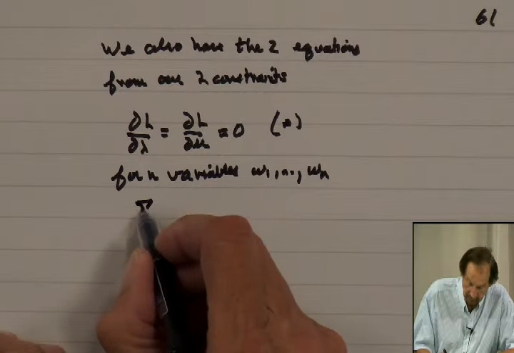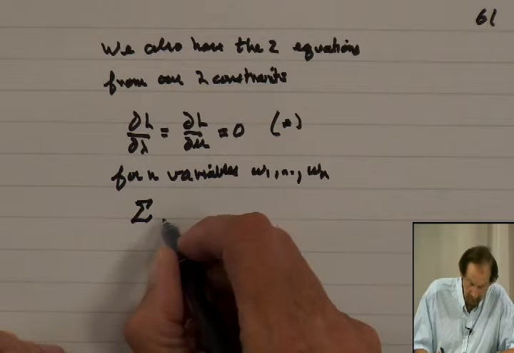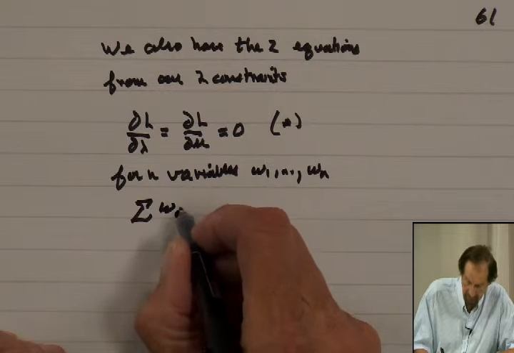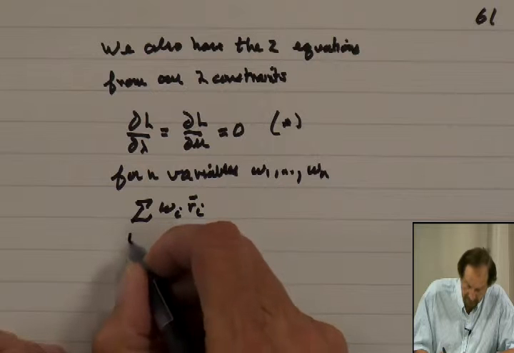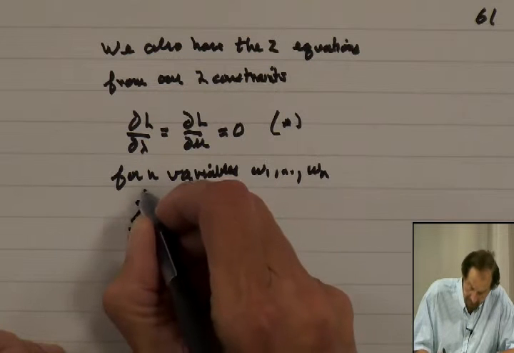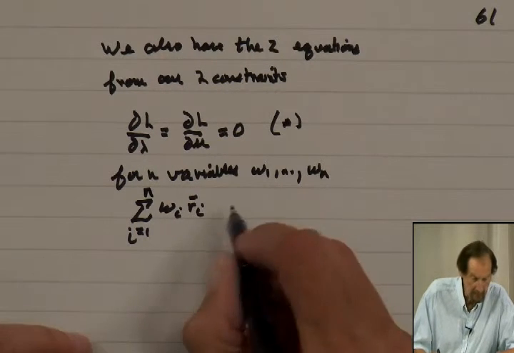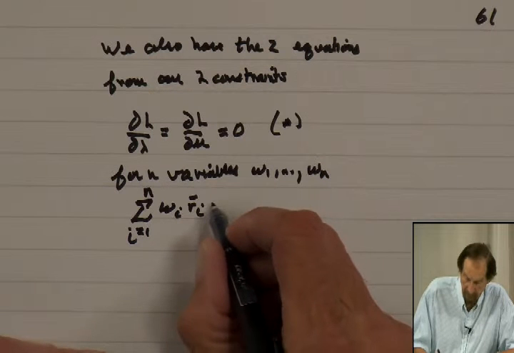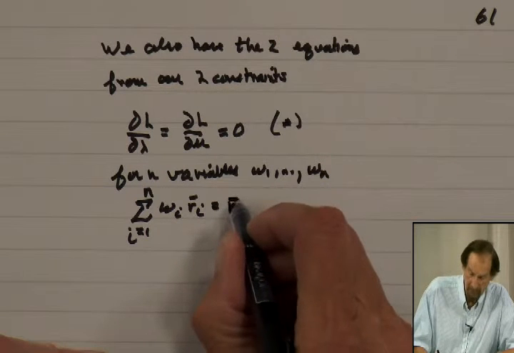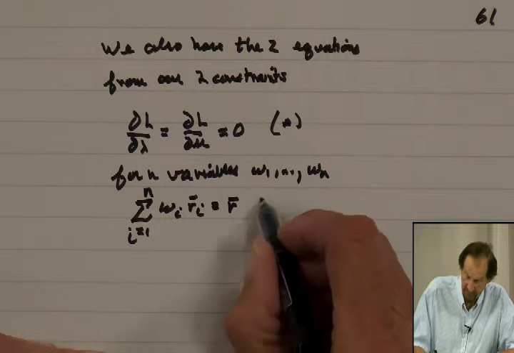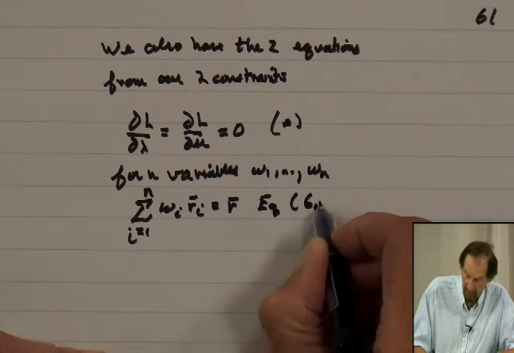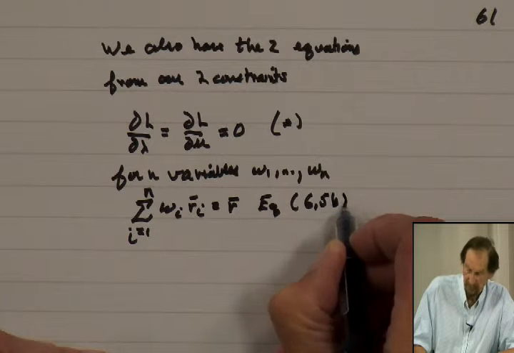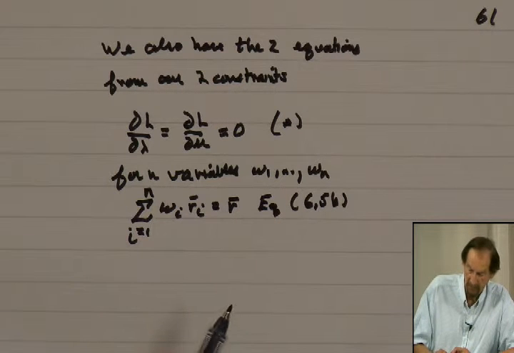The sum of the Wi r bar i, i equals 1 to n, equals r bar. Okay, and this is equation 6.5b on that same page, page 159.